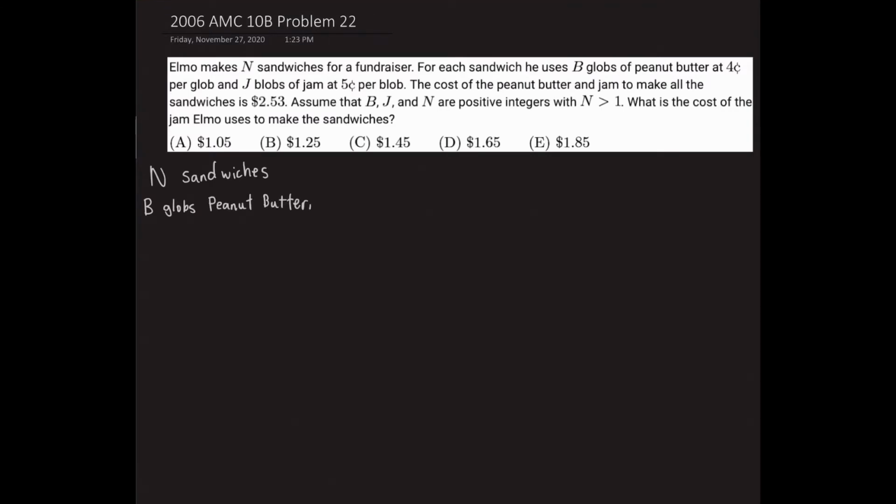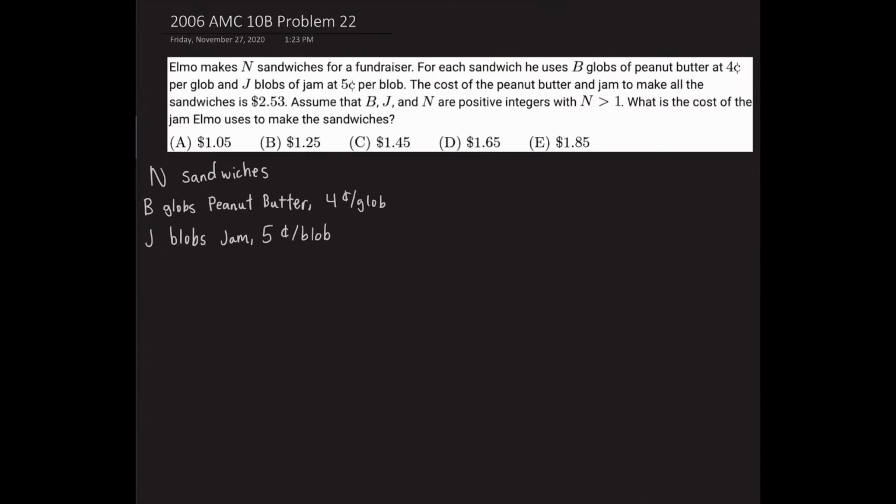And then same with the jam, we have J blobs of jam, and it's 5 cents per blob. So the cost of the peanut butter and jam to make all of the sandwiches is $2.53.